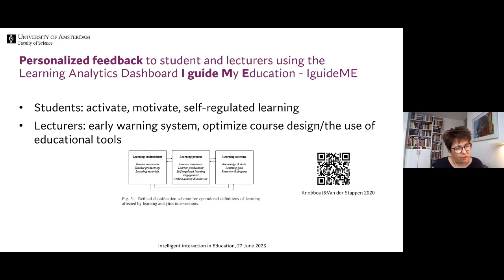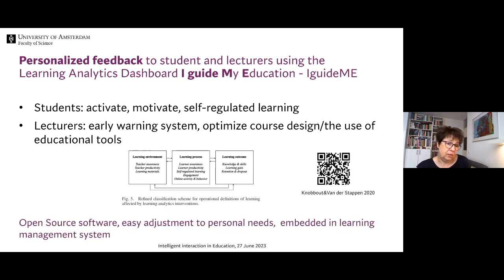But there are actually quite few studies where all these 3 elements were studied at the same time, and we were lucky that we were doing this with IguideME. We take all these 3 aspects.